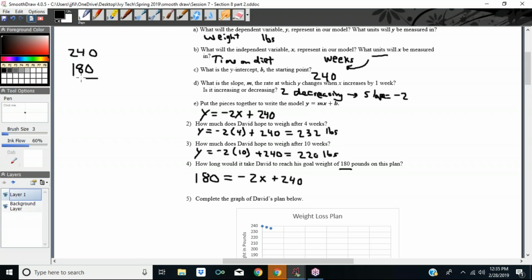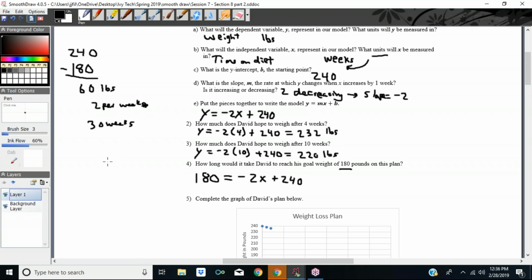So what's the difference in there? How many pounds does he want to lose? He wants to lose 60 pounds, right? Well, if he's losing 60 pounds and he's doing 2 per week, we would just take 60 and divide by 2 per week. We would get 30 weeks.